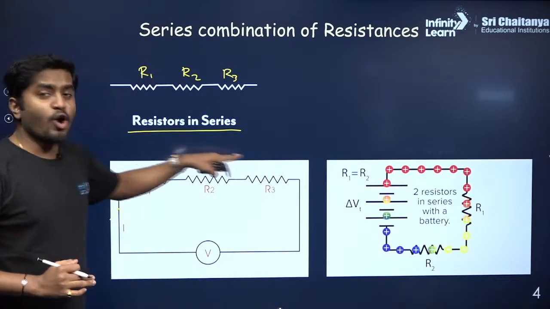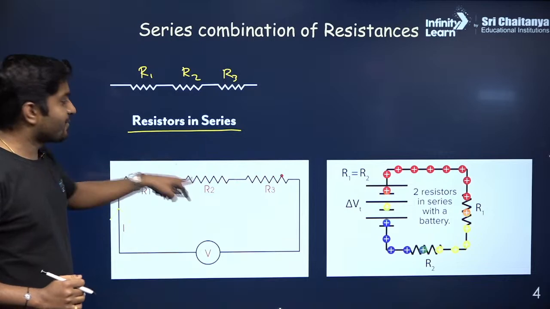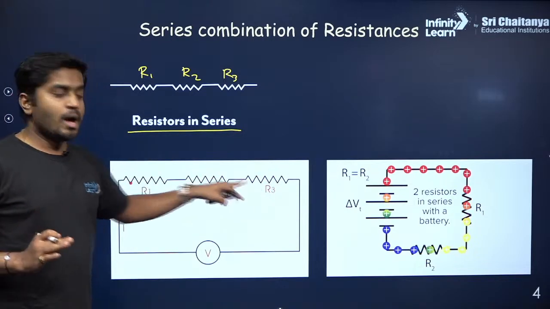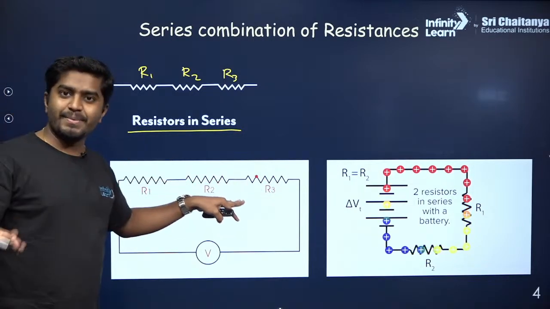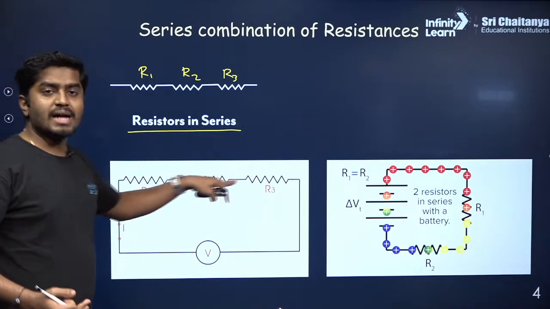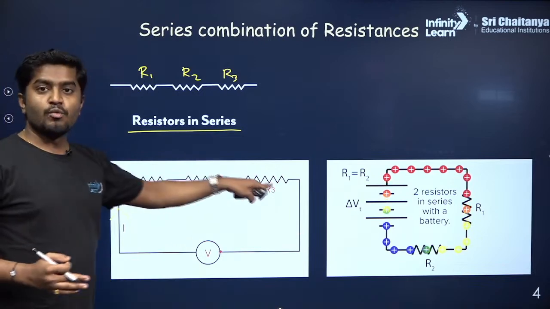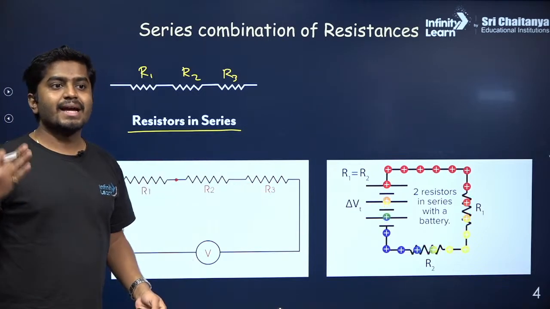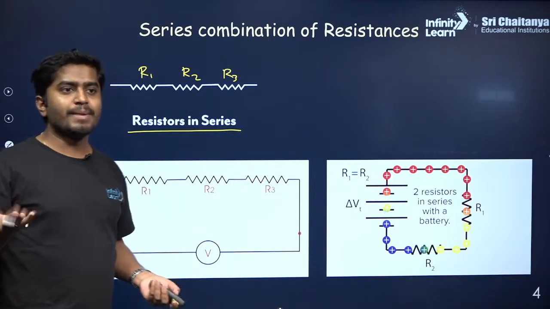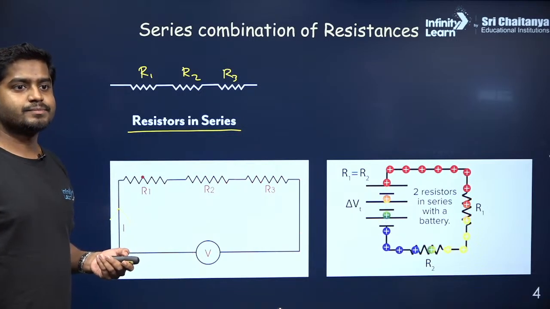Current will be constant. Will the potential difference be the same? No. Potential difference may not be the same. If the values of R1, R2 and R3 are equal, then the potential difference would be equal. Otherwise, it cannot be equal. Okay?